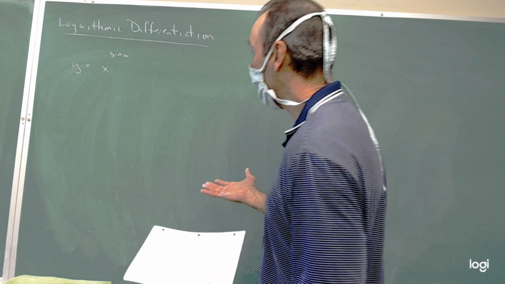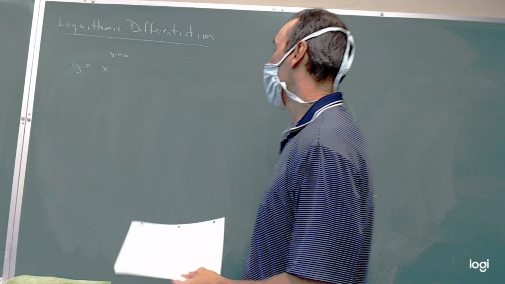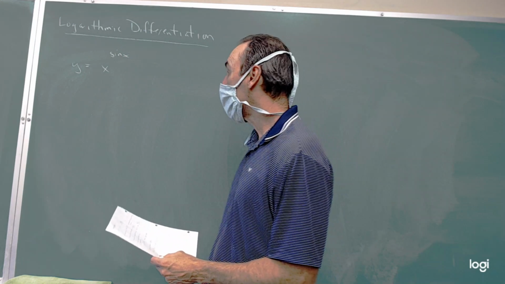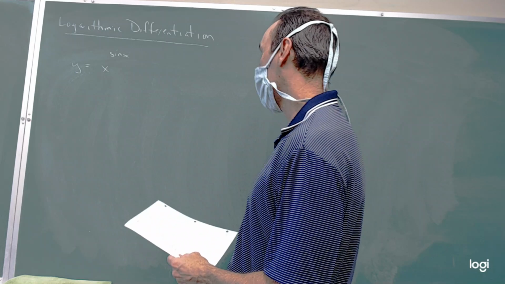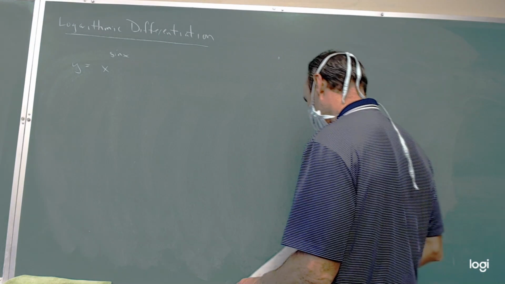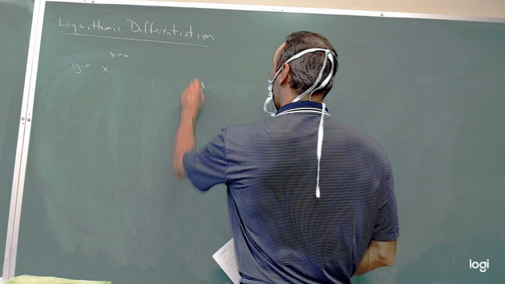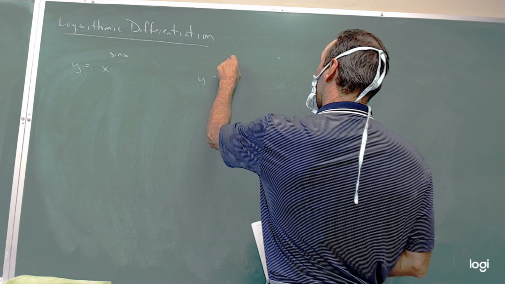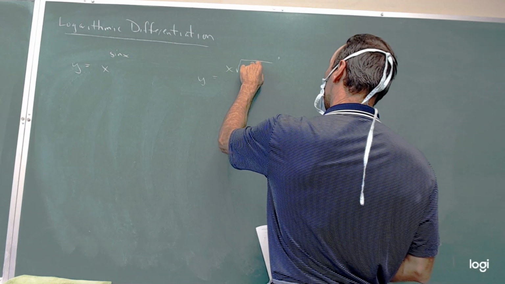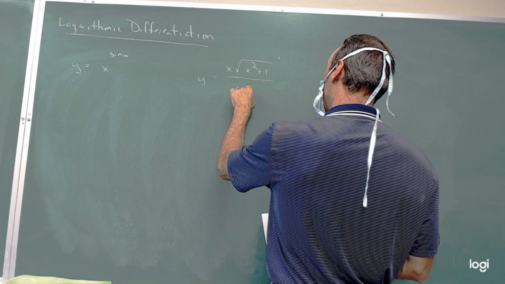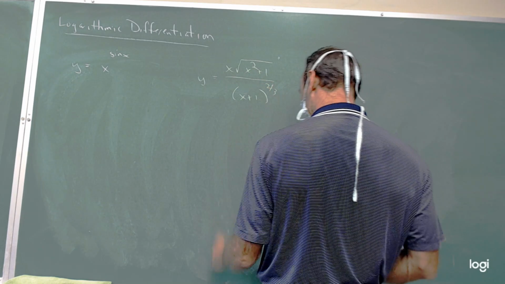Usually we do this when you have a function raised to a function power. Our book will sometimes use this idea even when you just have a really messy expression, like finding the derivative of x times the square root of x squared plus 1 all over x plus 1 to the 2/3 power.